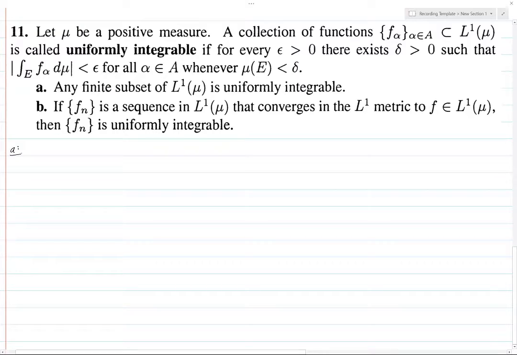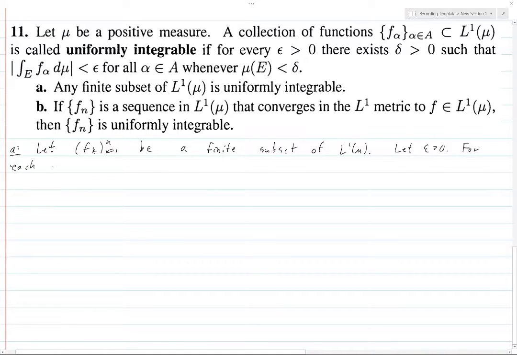Any finite subset of L1 is uniformly integrable. So let's start with f_k, k equals 1 to n, be a finite subset of L1(mu). Also, let epsilon be greater than 0.